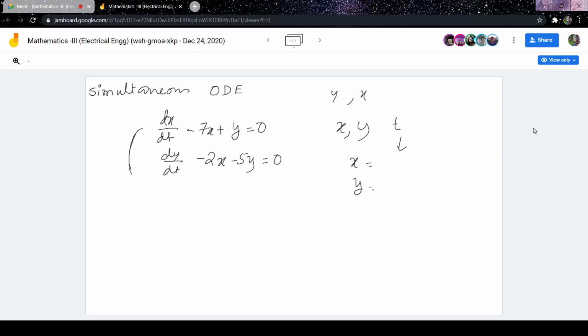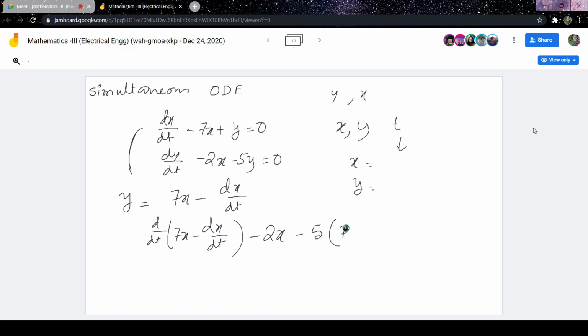Suppose from this I get y equal to 7x minus dx/dt. So I will replace this in this equation. So I will get d/dt of (7x minus dx/dt) minus 2x minus 5(7x minus dx/dt) is equal to 0. Your right side may not be 0.